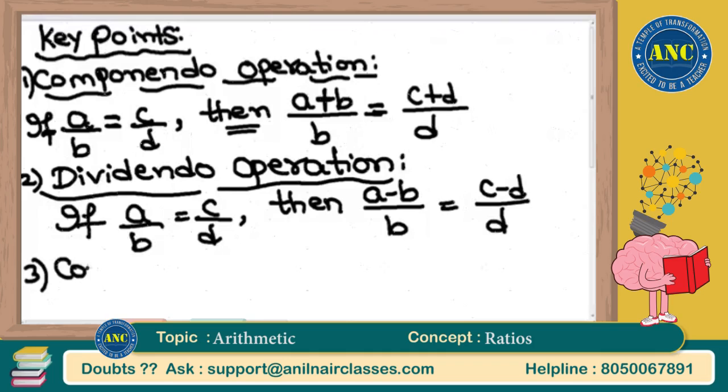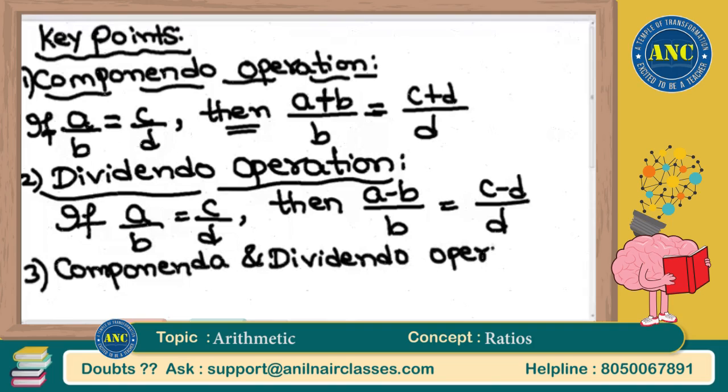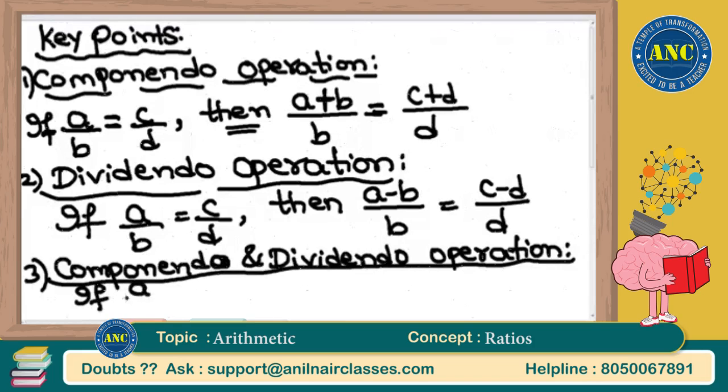And the third key point is the combination of componendo and dividendo operation. That means if I combine the first and the second key points, I will end up getting the third key point, that is, componendo and dividendo operation. The same logic I will implement here also. If the two ratios are the same, if a by b is equal to c by d, then I can write it as: in componendo I added to the denominator, a plus b.